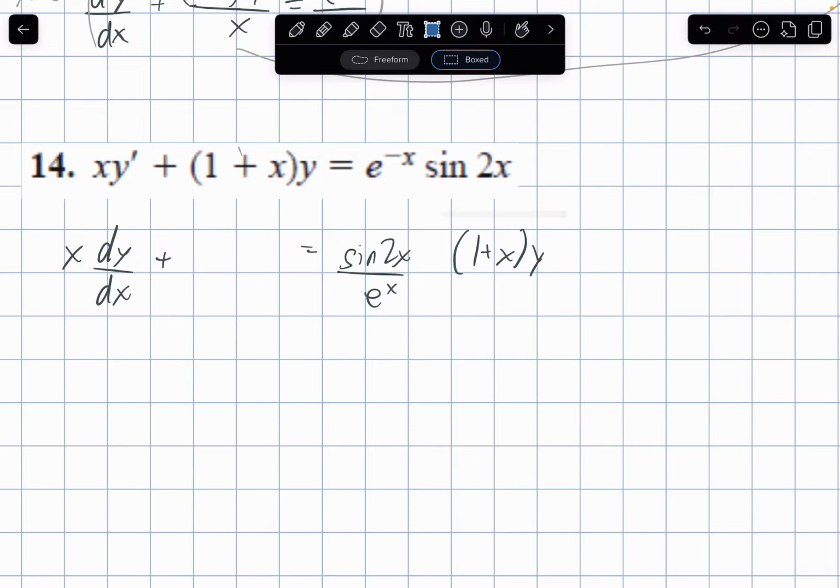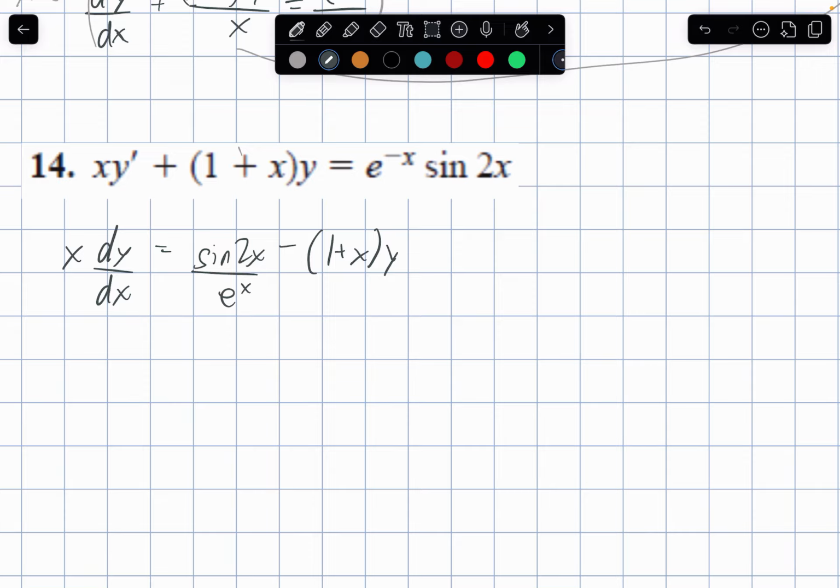Transpose this to the right side. Okay. Divide both sides by x.